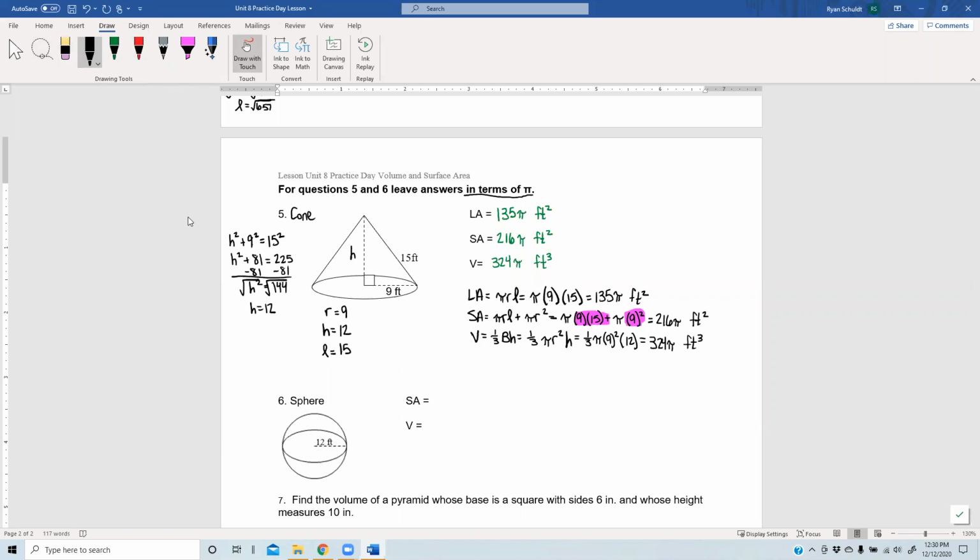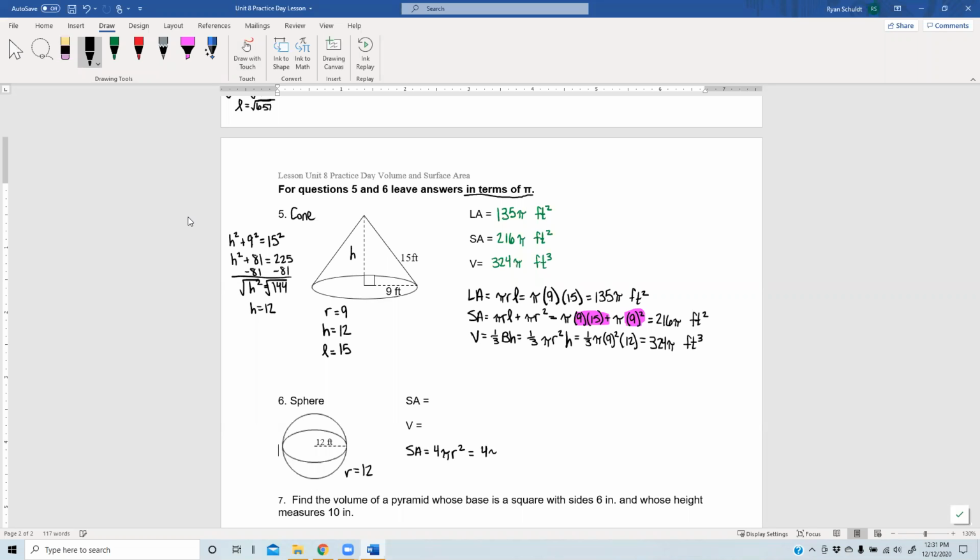Okay, so for a sphere, hey, they named that one for us. Thank you. Again, we want it in terms of pi, but remember, for a sphere, you only need one thing. You need to know the radius, and they tell us that's 12. So for the surface area, we do 4 pi R squared.